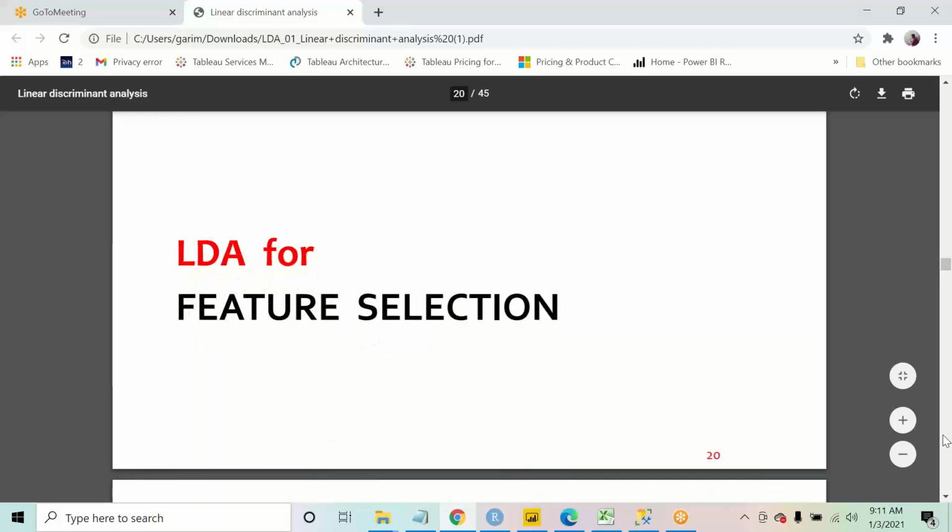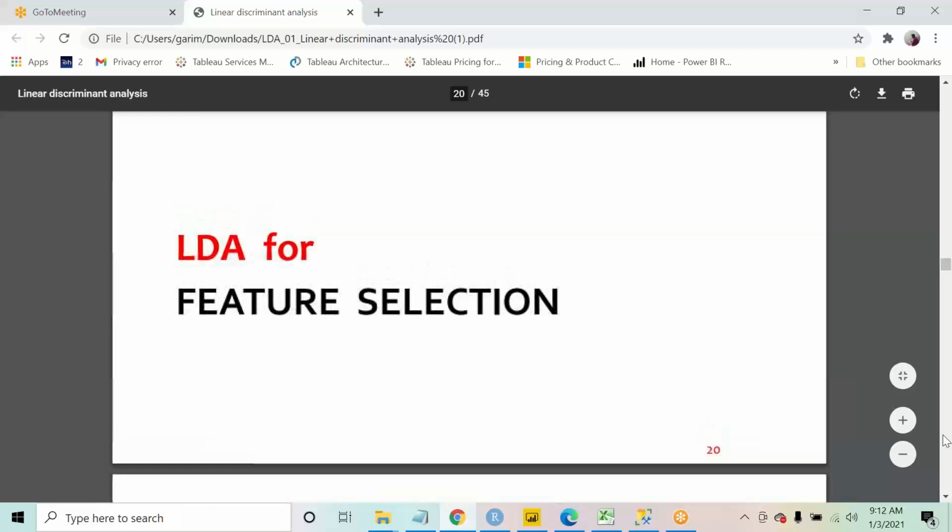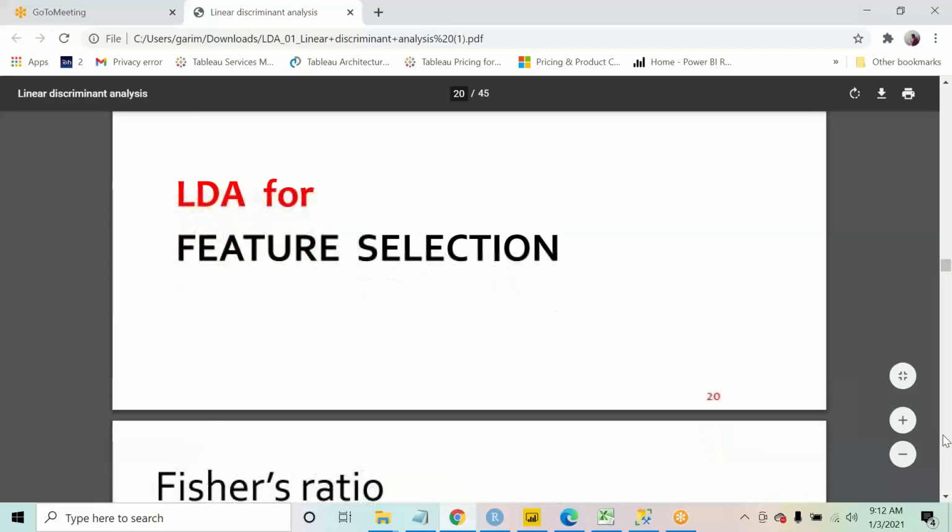First of all, what we will try to understand here is how we can use LDA for feature selection. When we say feature selection, we mean how we can use this LDA technique to identify the important variables. This is its first purpose.